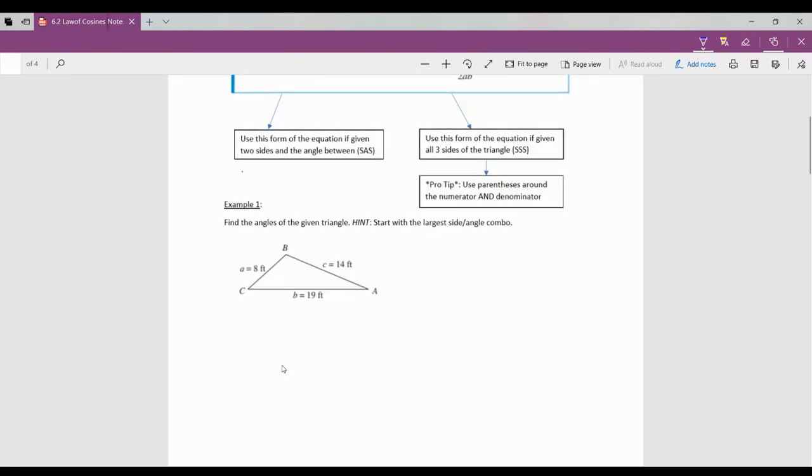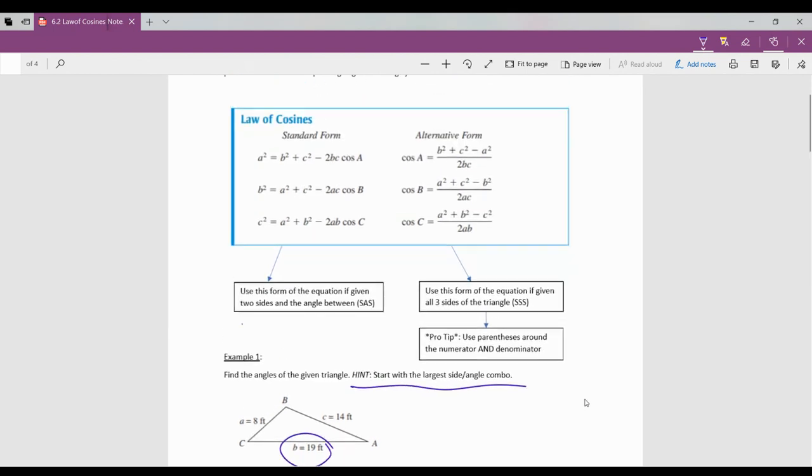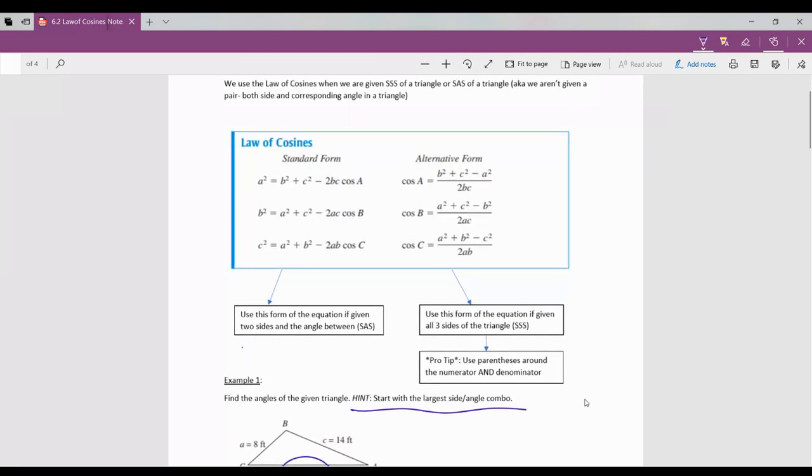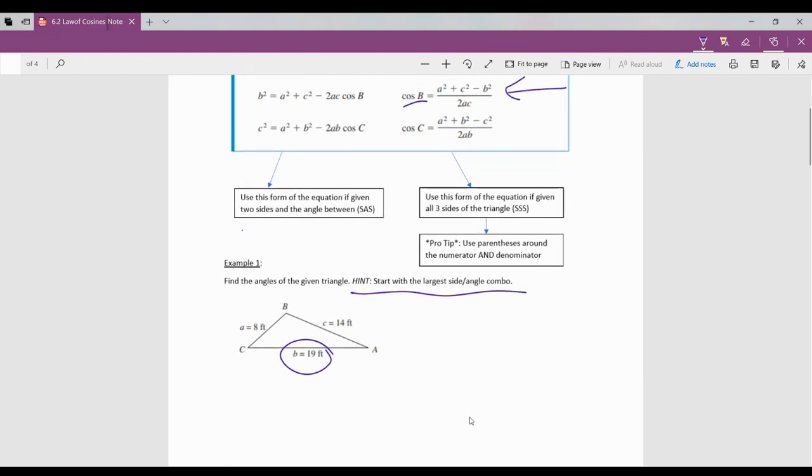So we've got the triangle ABC, and one of the hints is we want to start with the largest side angle combo. In this case, my largest side angle combo is B. Because we want to start with the largest, we're going to use this alternative form.